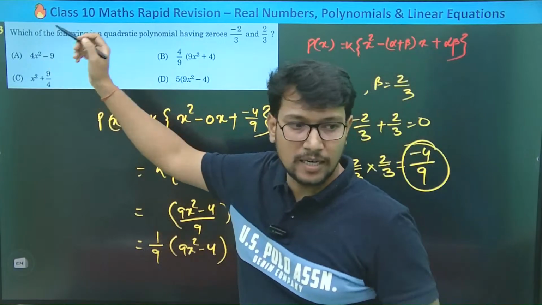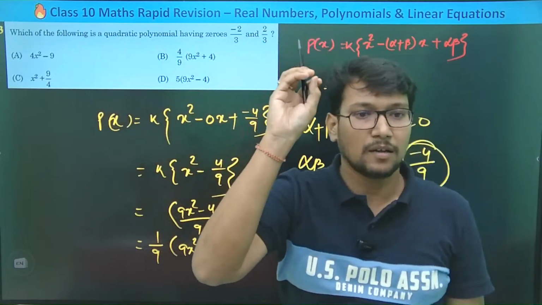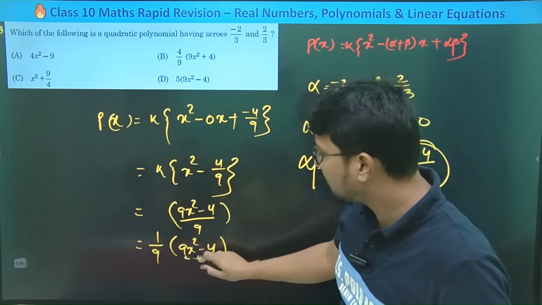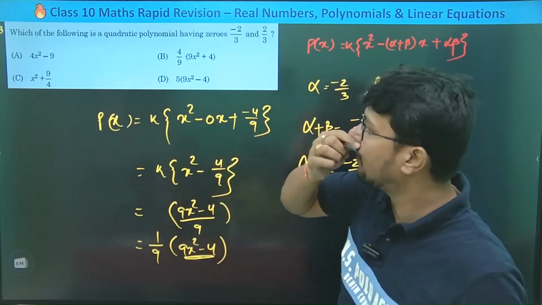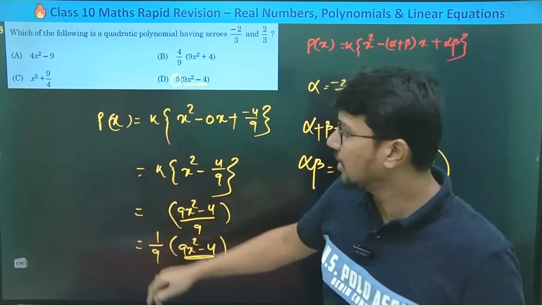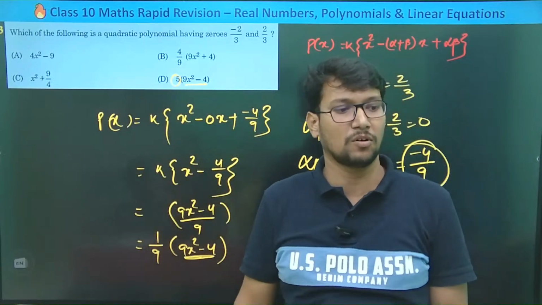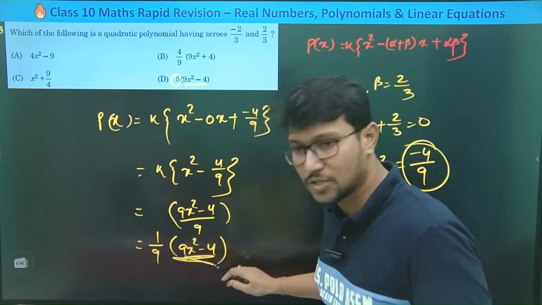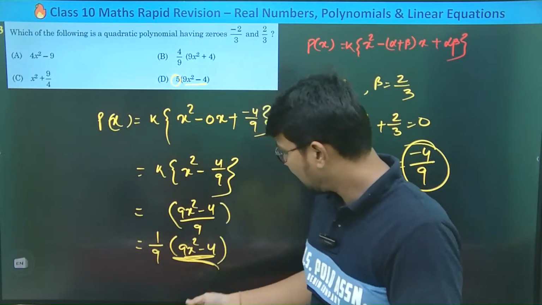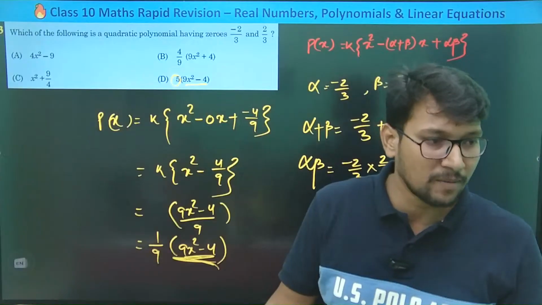Option A is 4x square minus 9. Okay, let us see. Now check, where is 9x square minus 4 available? K could be anything. The root polynomial, the base polynomial, is this one, 9x square minus 4.